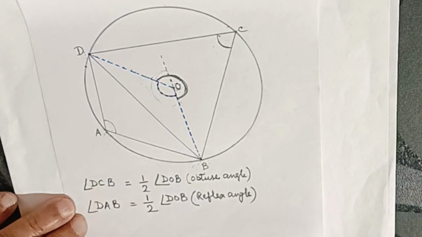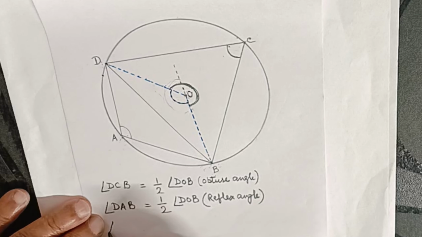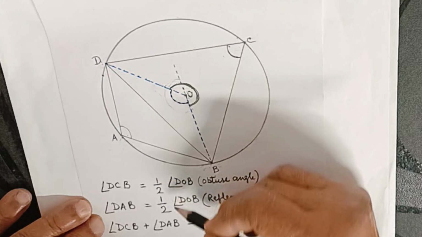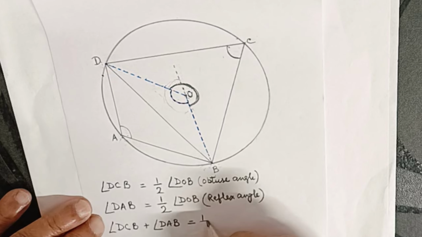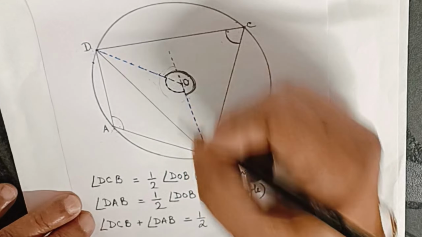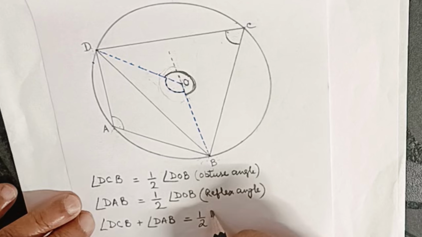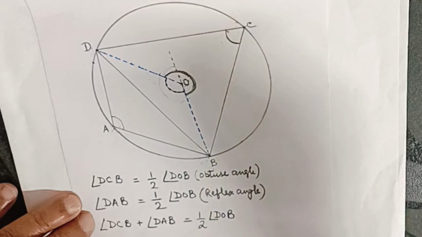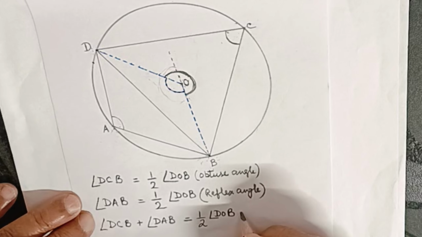So angle DCB plus angle DAB is equal to this plus this, that is half of the obtuse angle DOB plus half of the reflex angle DOB.